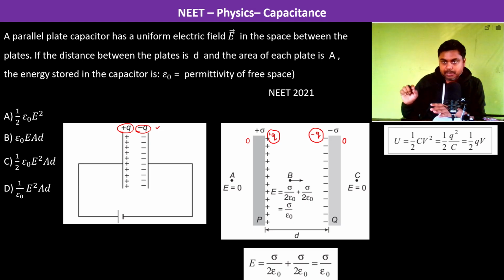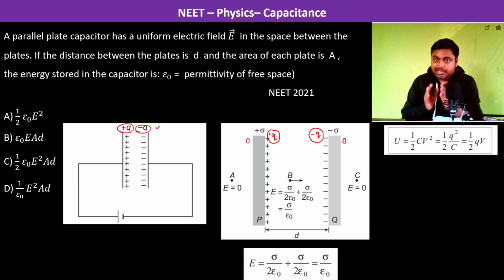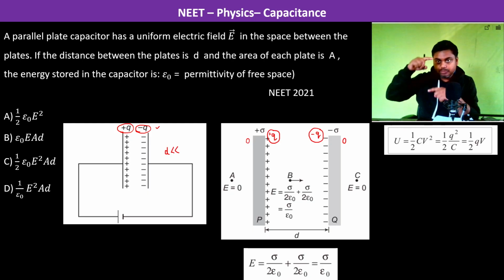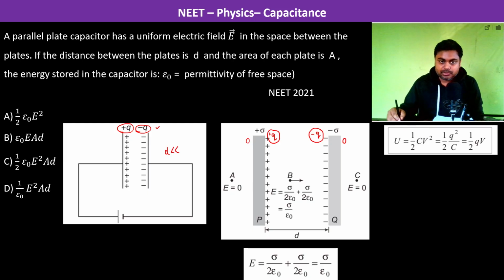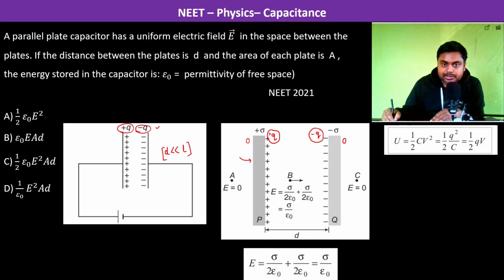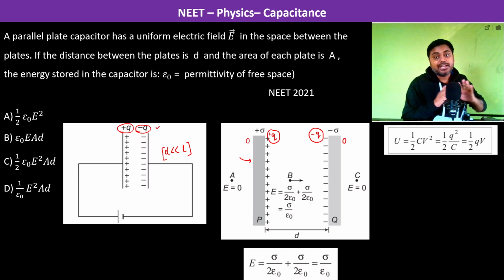In a parallel plate capacitor, the assumption is that D is very much less than the length or the height of the plate. So since it is very less, we take each plate to be kind of an infinite sheet.